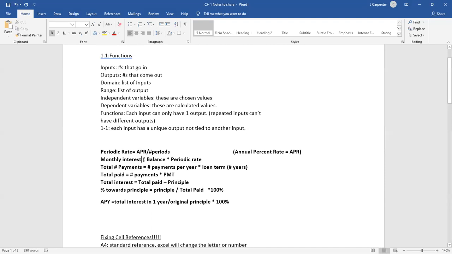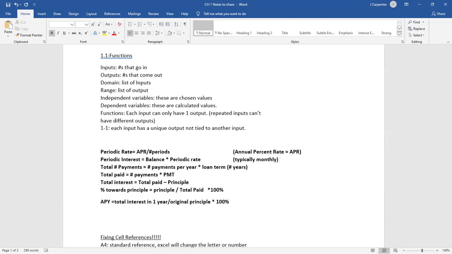Now, this says monthly interest. You could also just say periodic interest. In fact, I want to change that. It is typically monthly, but it's not always. 99% of the time in this class, it's a monthly interest, but I'm not going to guarantee it.